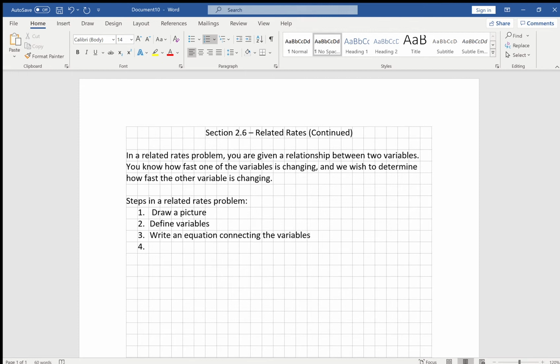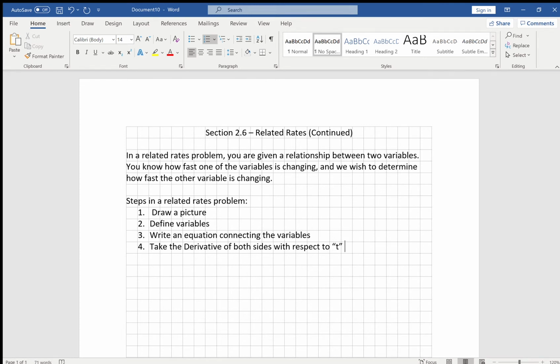Fourth, we take the derivative of both sides of our equation with respect to the variable t.